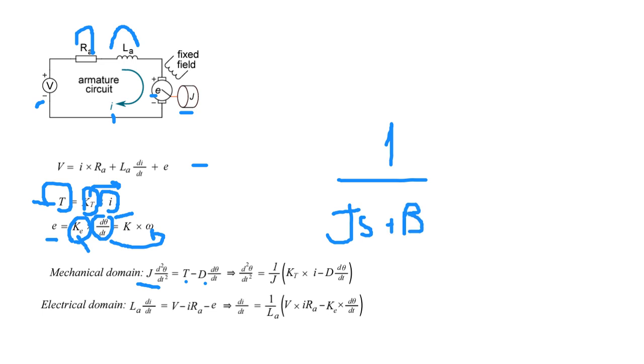This is the mechanical plant of the mechanical system of your DC motor. Same thing, 1 over Ls plus R. This is the Laplace transform of the electrical side of your DC motor.